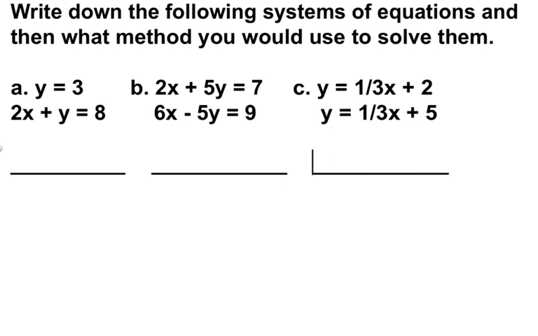Alright, so before we begin, hopefully everything we've learned between the solutions and the different types of methods, we can figure out what we're going to use to solve them. If we're looking at these three different sets of systems of equations, think about what method you would use. Hopefully while looking at the first one here, you would choose substitution.